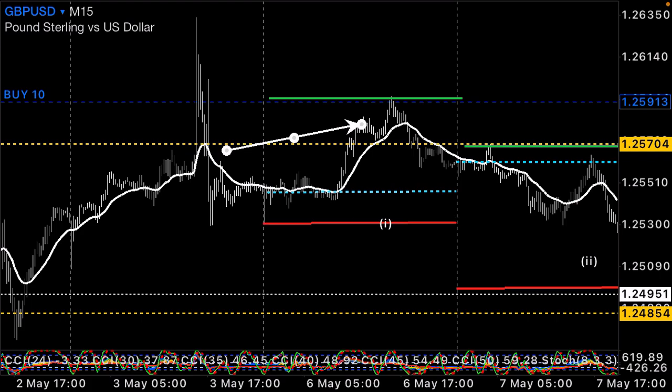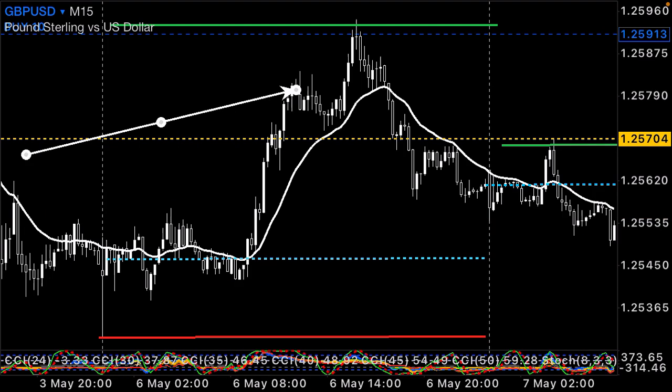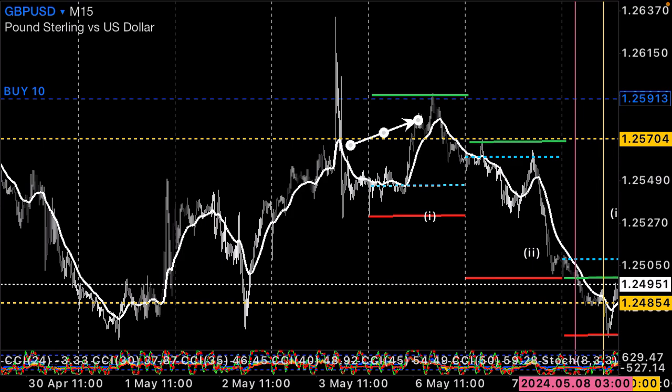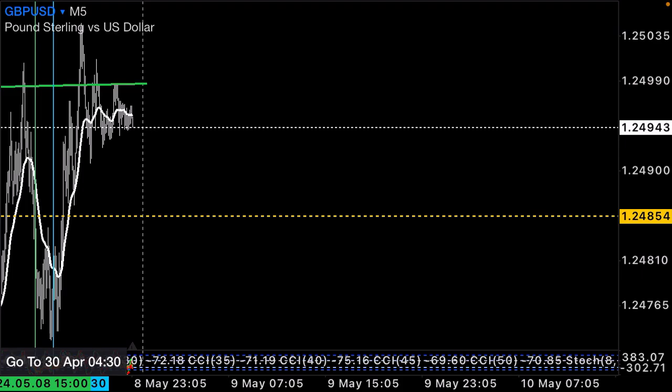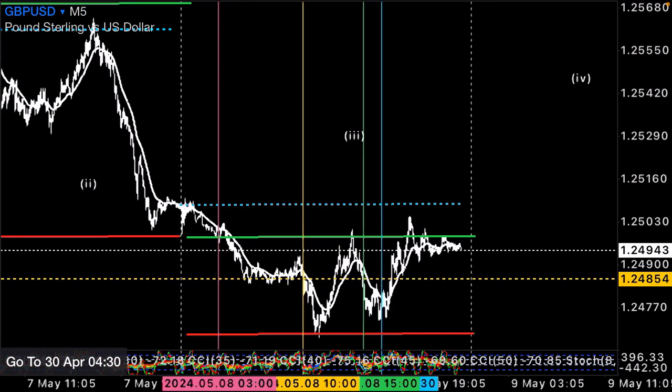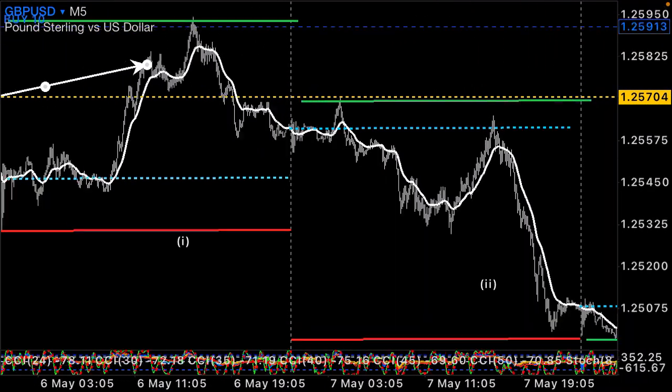Bottom one's functioning. Tapping on it and it's not lighting up. That one lights up. I need to move it up and down slowly. Let's go to the 5 minute.